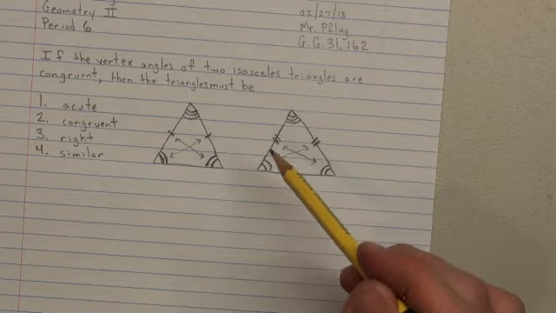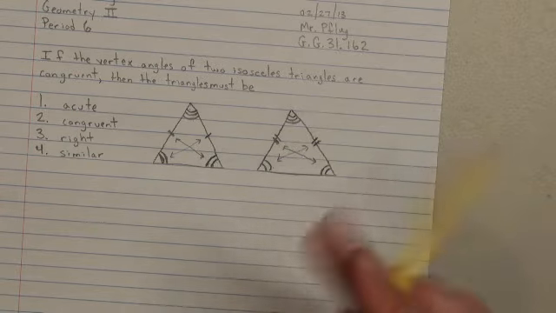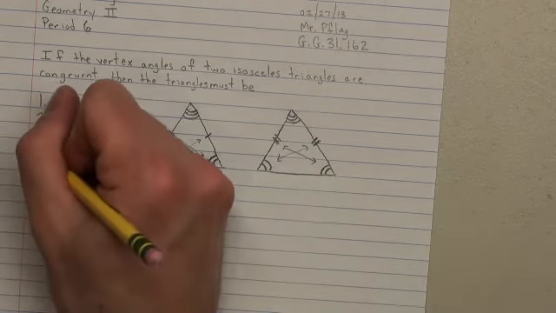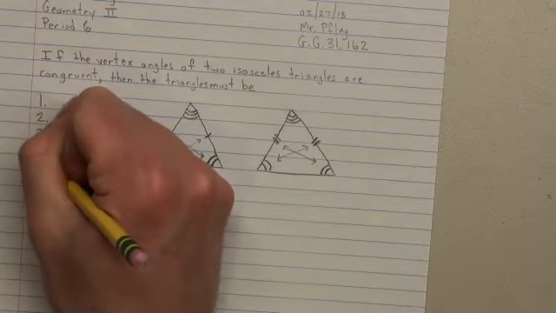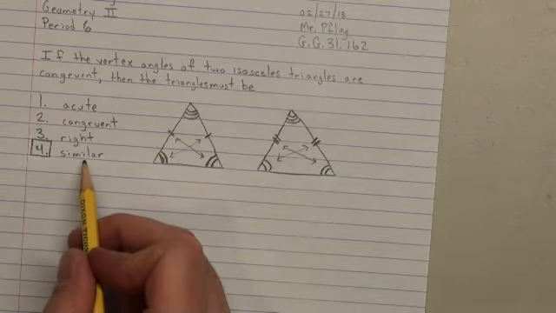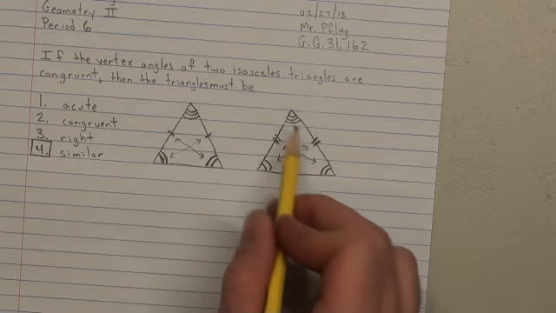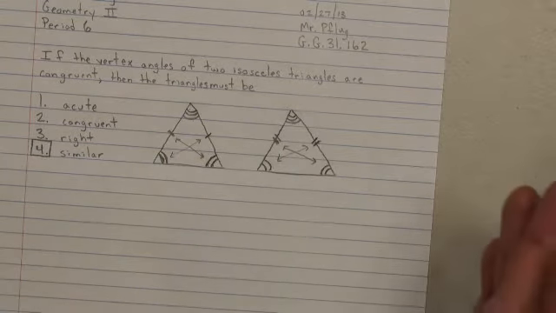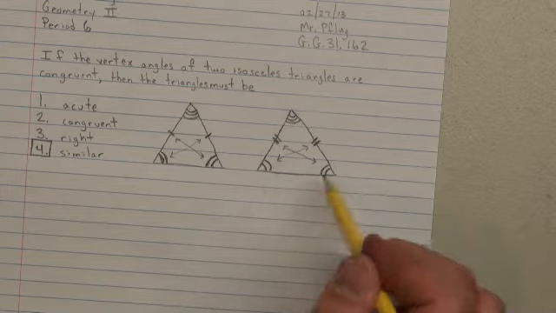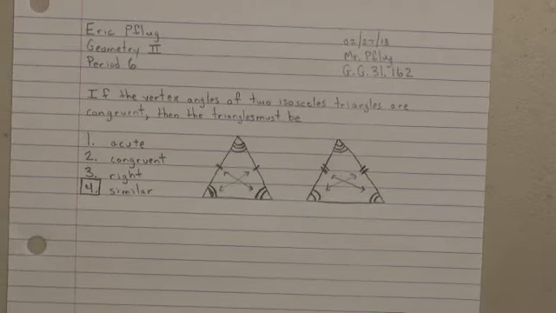Okay? So, what that means is the triangles are similar. Similar triangles. In similar triangles, all of the angles are the same. Okay, and the sides don't have to be, but all the angles have to be. And that's what we have in this problem. Okay?